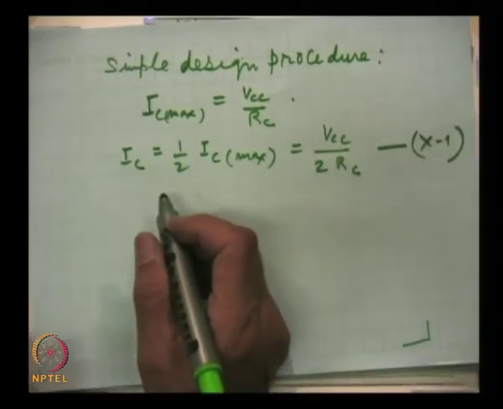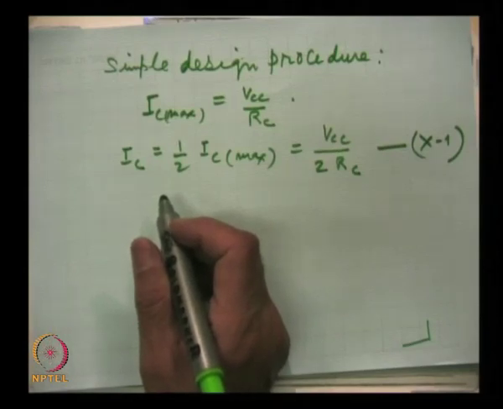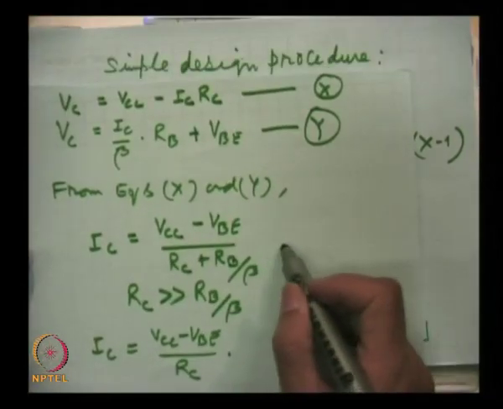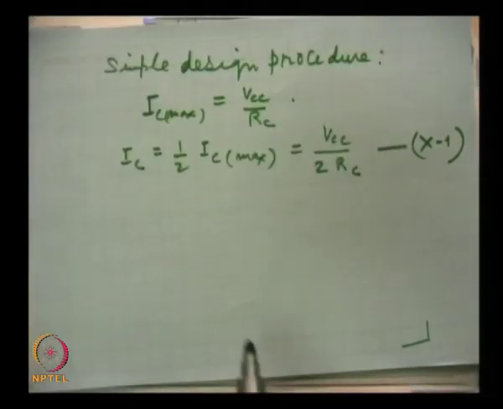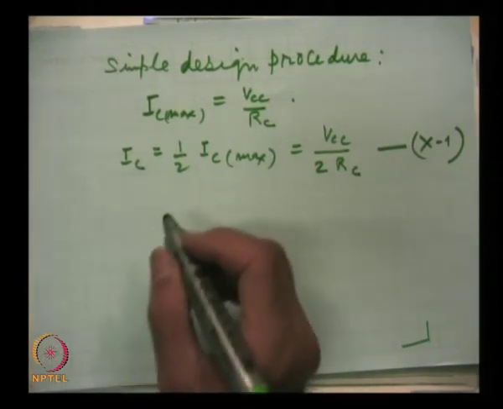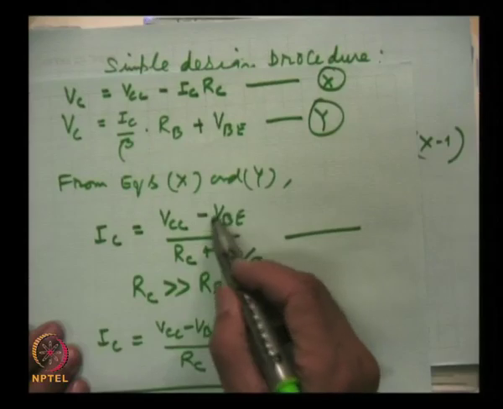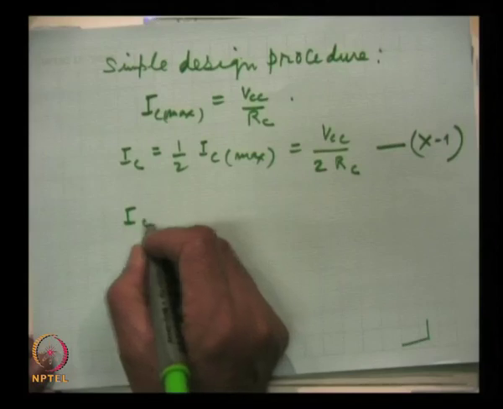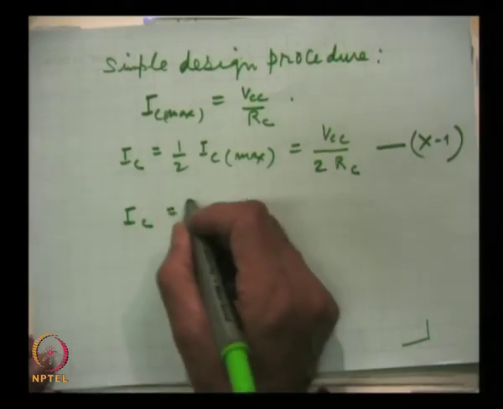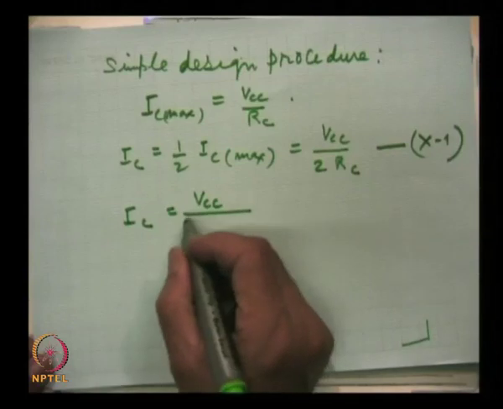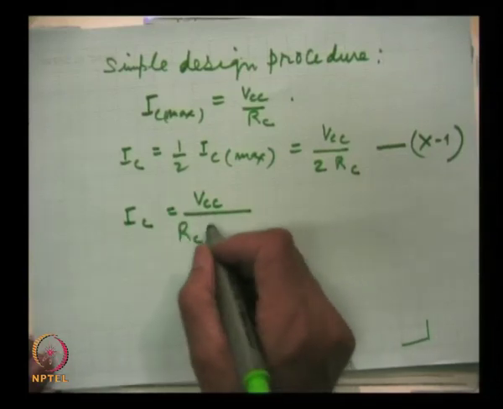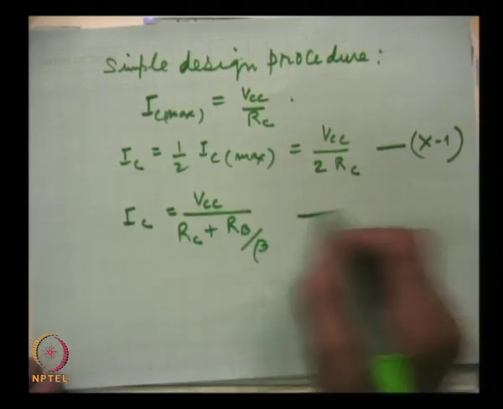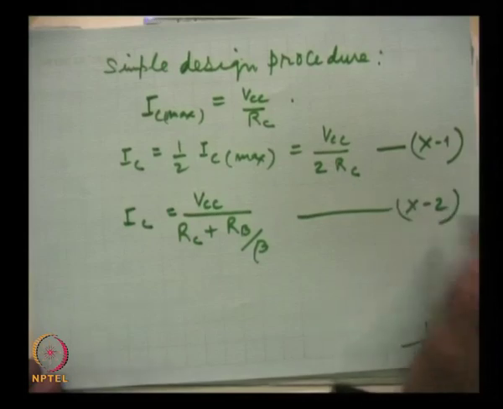And the equation which we have talked about here, if we neglect this small voltage, then this equation becomes IC is Vcc by RC plus Rb by beta, let us call it x 2.